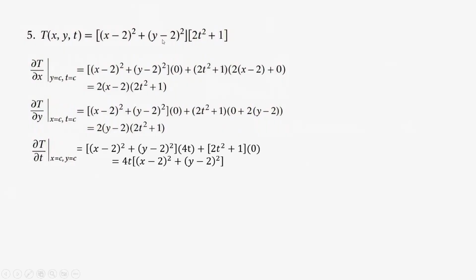And for v, 2t^2 + 1 will become constant, and we will differentiate the first part according to t, and it will become 0 because there is no t part in the first term. So it will become 4t times ((x − 2)^2 + (y − 2)^2).